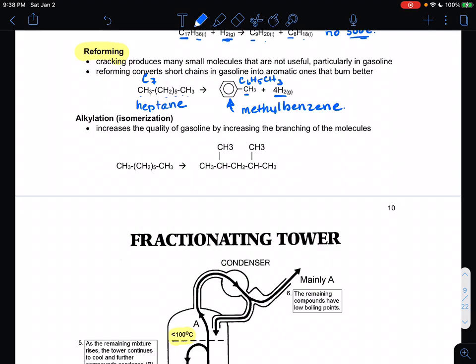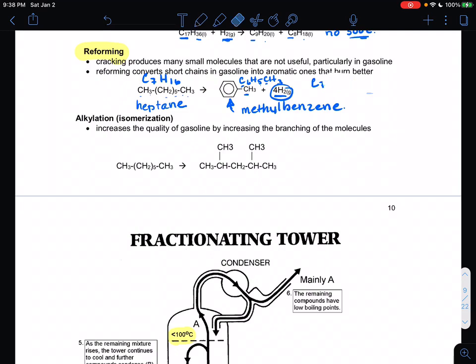That's 10. So C7H16. Here then, I've got C7, so 6 from the benzene ring, 1 from the methyl group. And then here I've got 5, 6, 7, 8. So I need another 8 hydrogens, right, in order for this to balance. And that's where my 4H2 comes from, all right?